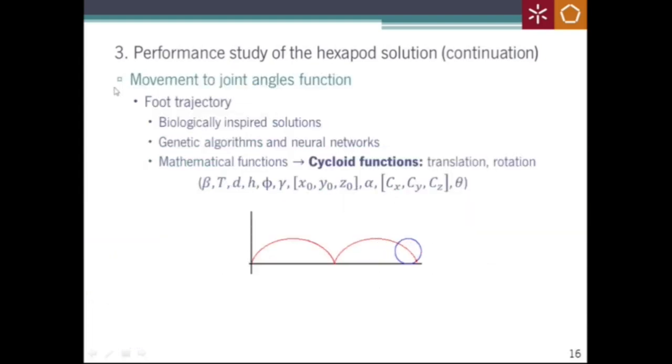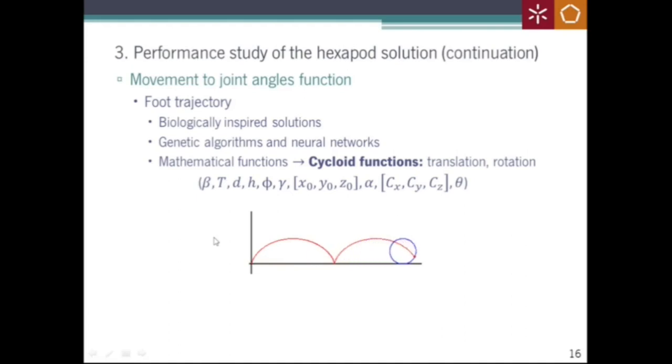It was necessary to obtain the angles of the joints that would allow the robot to move. For the present study, a cycloid function was used for the robot's feet, since this causes zero vertical and horizontal velocity with the ground, minimizing the interaction forces.